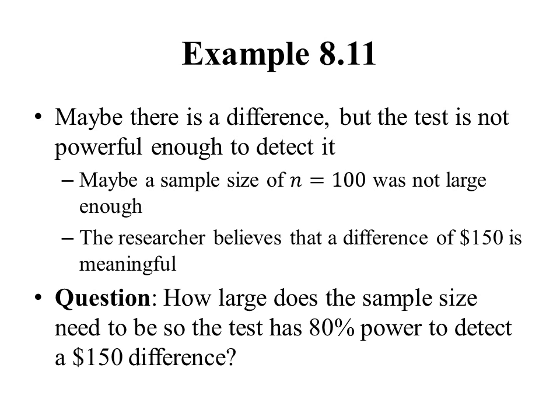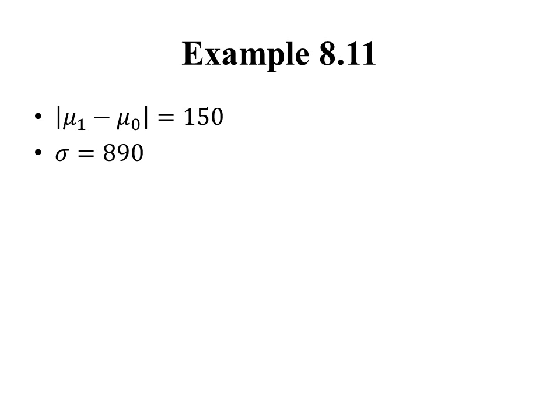And so the question that we want to ask now is, how large does the sample size need to be so that the test has 80% power to detect a $150 difference? Okay. And so, in other words, this meaningful difference is 150. Sigma, our estimate of the population standard deviation, is, let's use the standard deviation from the previous survey, which is 890. Okay.